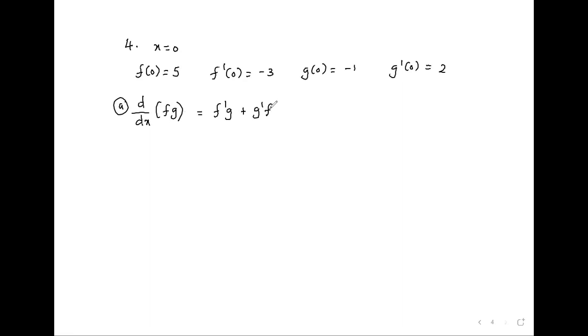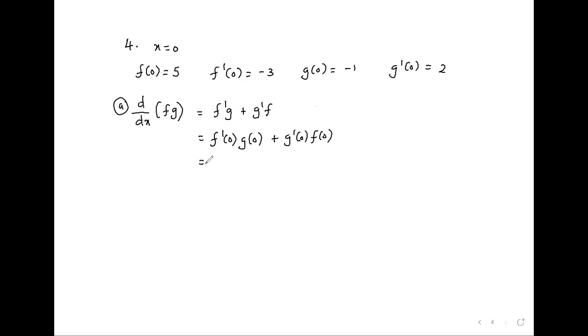Now, we want to evaluate that at x equal to 0, meaning when I find the answer, I substitute 0 in f, in g, in f prime and g prime. So in both, I'm taking 0 throughout.